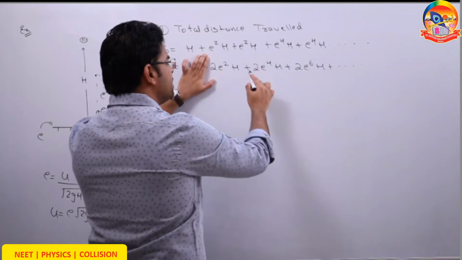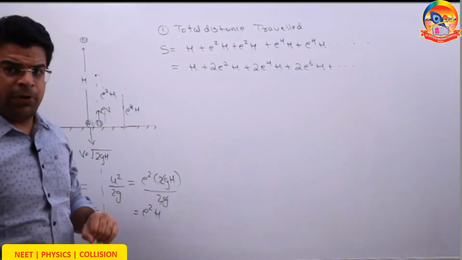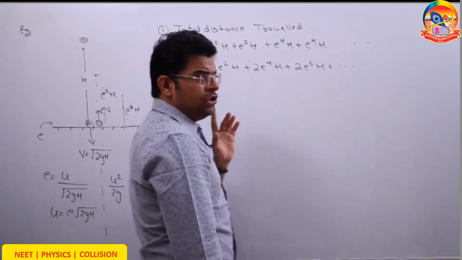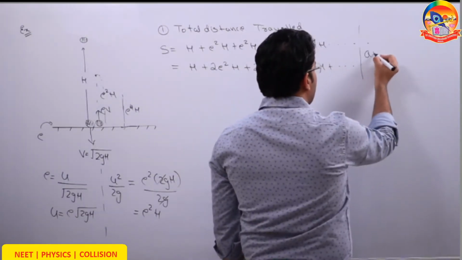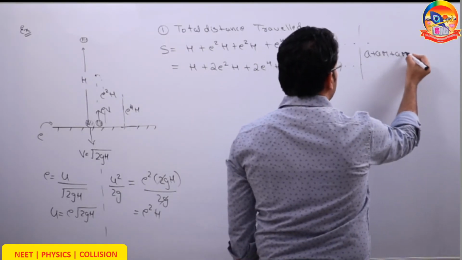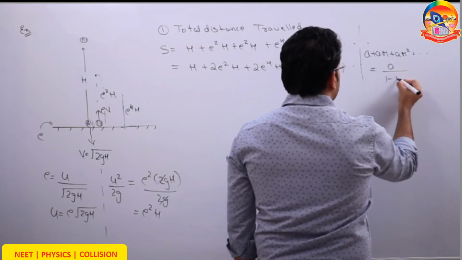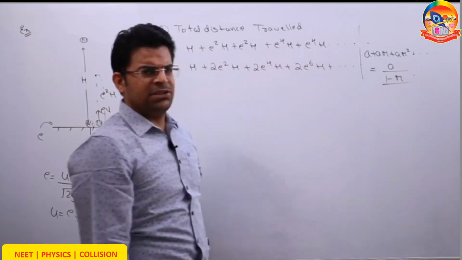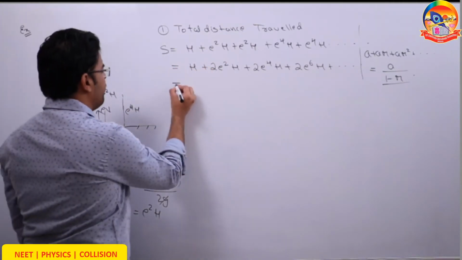Then I multiply this term with e square, I get the next term, and so on. And you should remember the sum of a geometric progression, a plus ar plus ar square and so on comes out to be a upon 1 minus r, given that r is less than 1.